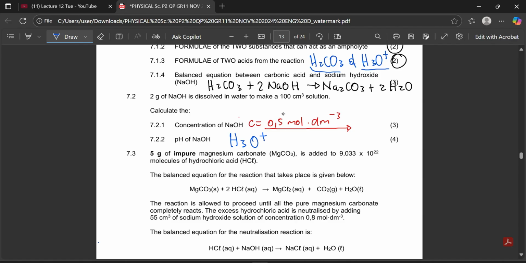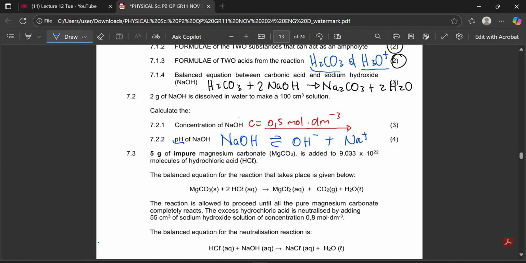H3O plus would mean that I could easily determine my pH because of the equation, but I don't have the concentration of H3O plus. What I do have is that I know that when sodium hydroxide ionizes, it forms OH minus plus Na plus.